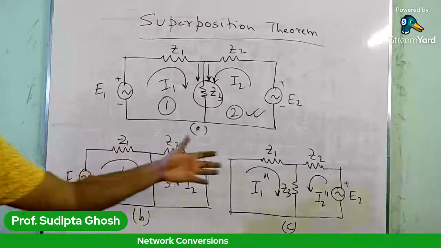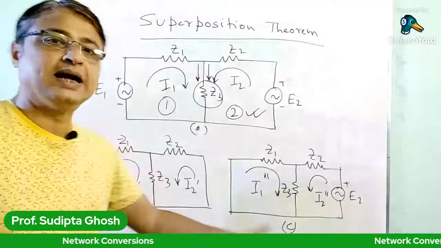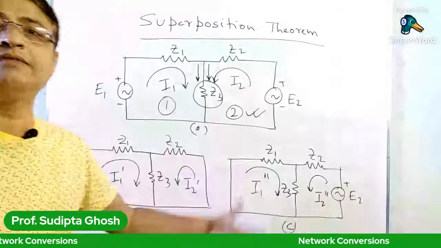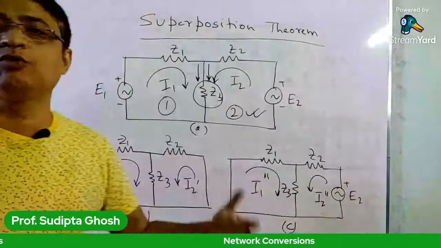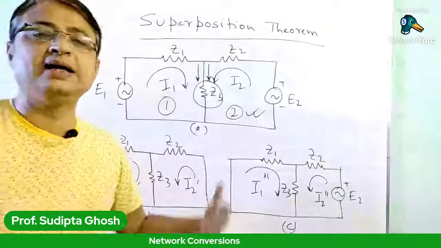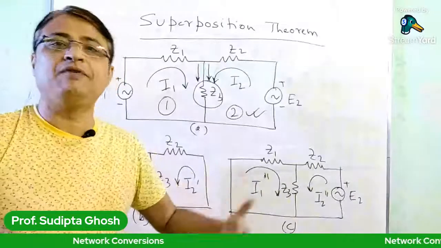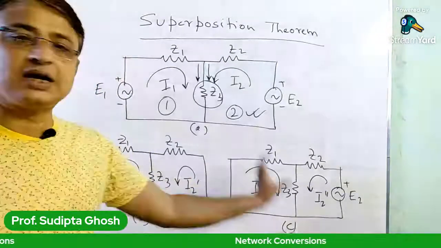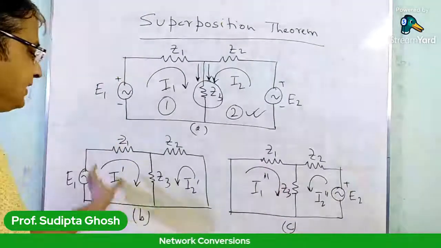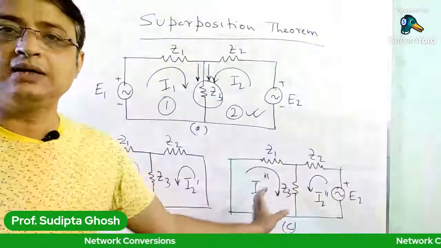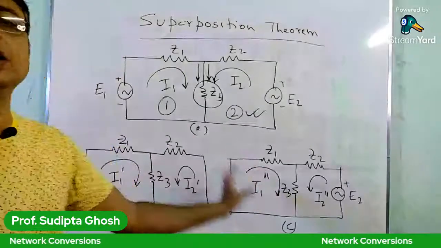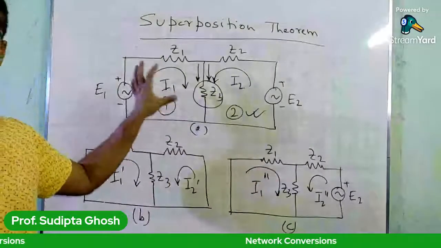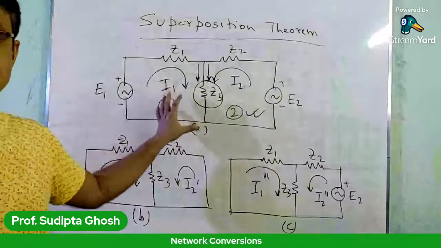Whenever we take the effect of one energy source at a time, the reduced currents I1 prime and I1 double prime must equal the value of the current I1 in the original circuit.